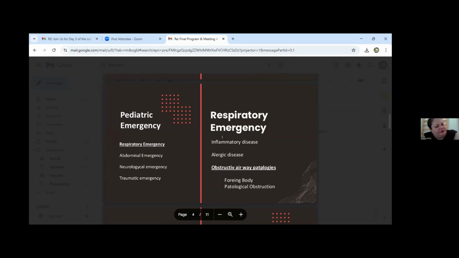We're going to talk together today about respiratory emergency. The most important parts are inflammatory disease, allergic disease, or obstructive airway pathologies. About the obstructive airway pathologies, we always have to exclude or confirm a foreign body in the airway tree or a pathological obstruction. We're going to talk about that together.